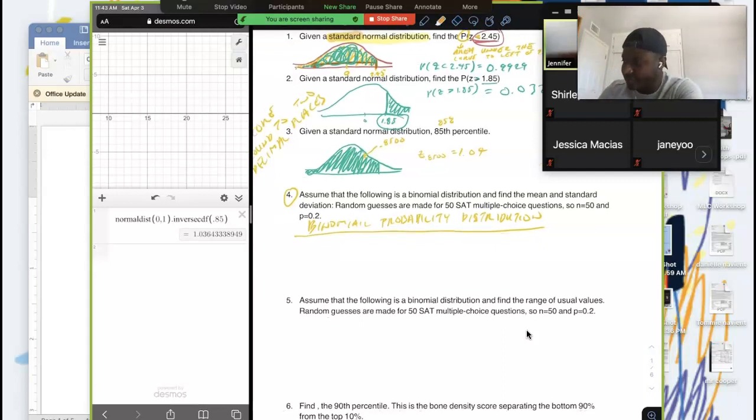When to use a binomial is when they give you a total number of trials and a probability. There's also a couple of requirements. The first one, you have to have a fixed number of trials. Second is that the trials are independent.